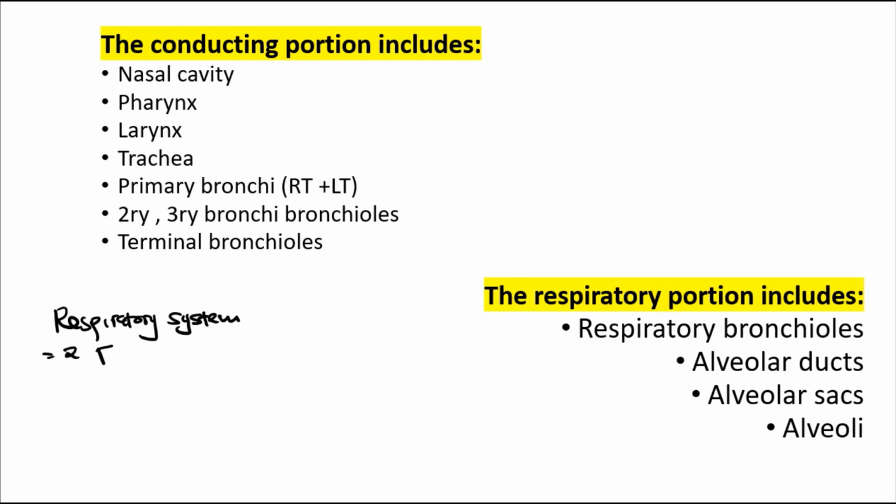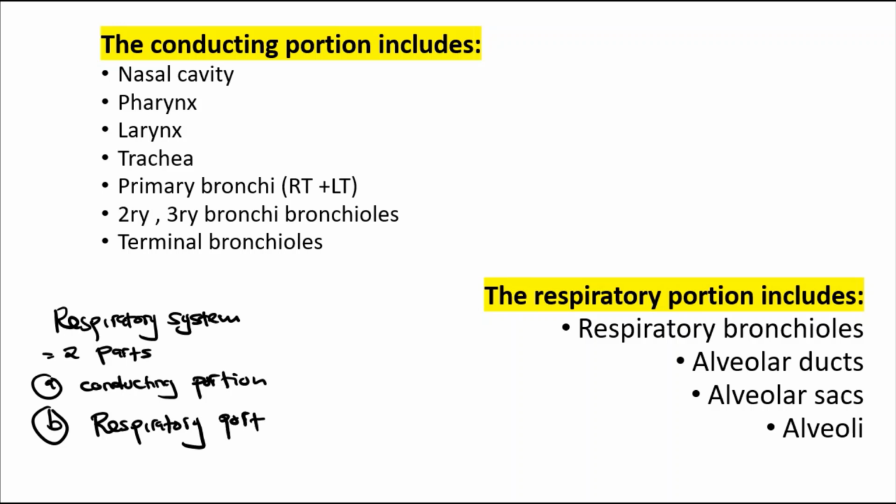Part number 1 is the conducting portion. In the conducting portion, you name all of these. Part number 2 is the respiratory portion. In the respiratory portion, you name all of these.